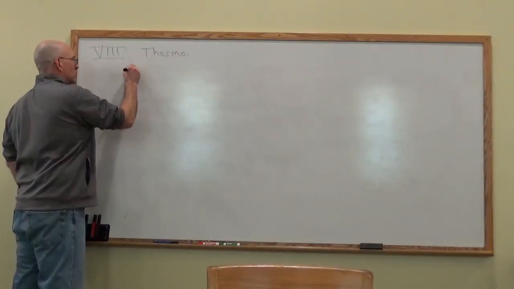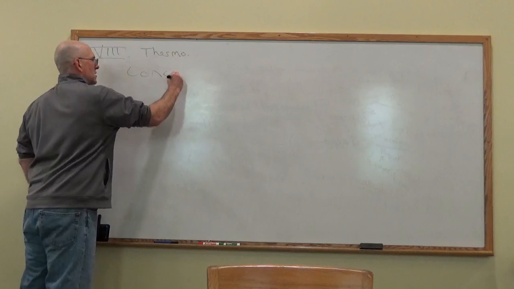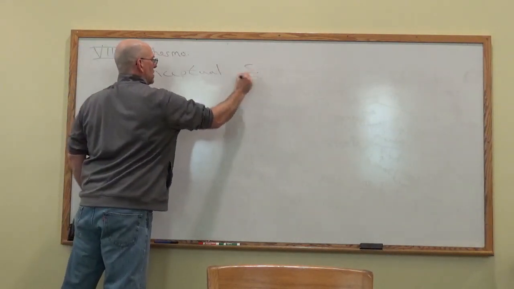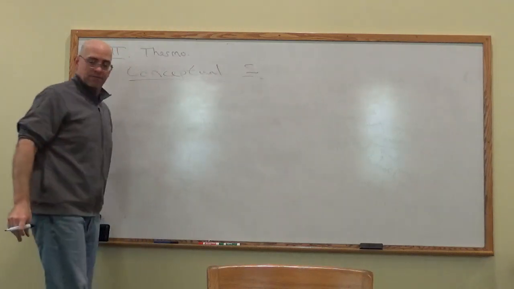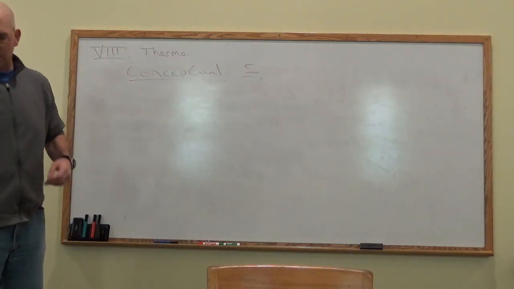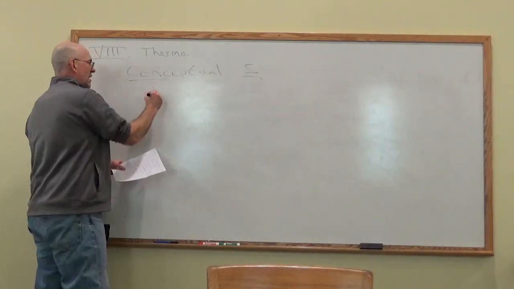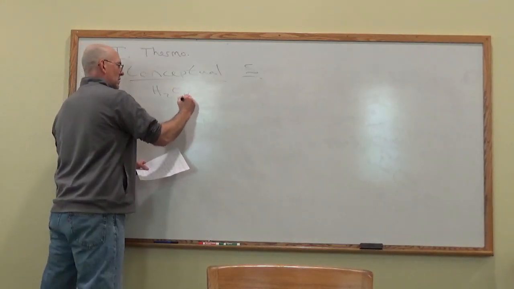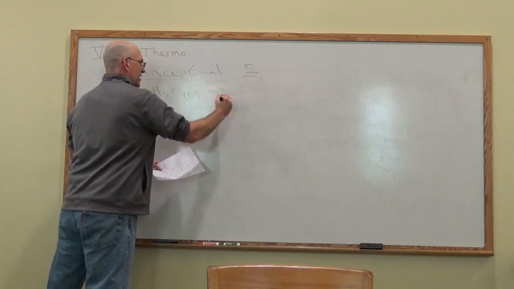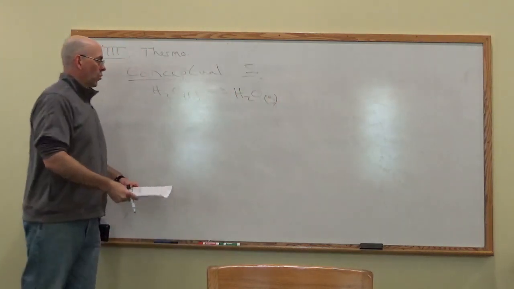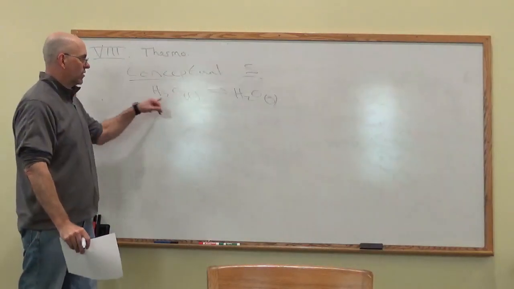You can write those down in the notes. So conceptual entropy, and we use the symbol S there. I'm just going to crank through some of these. So if you have liquid water turning into gaseous water, where do you think there's more disorder, in a liquid or a gas?